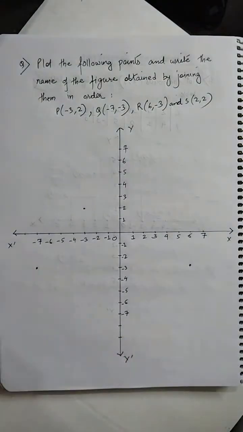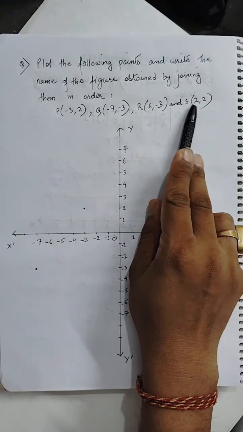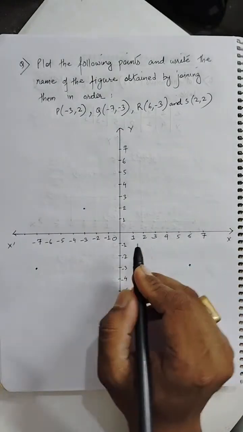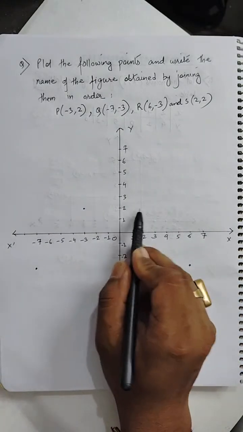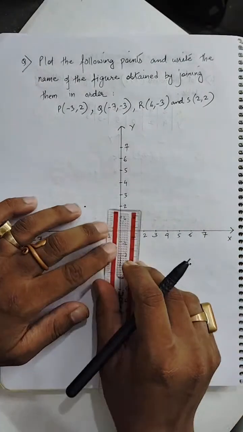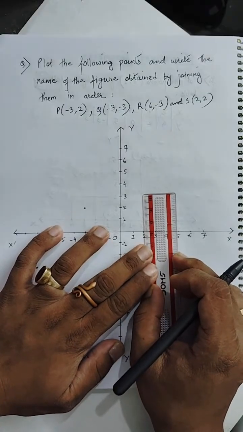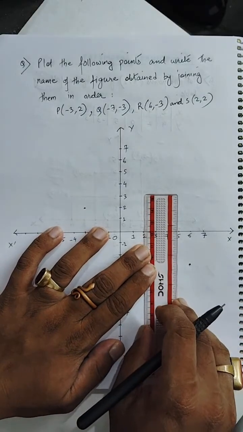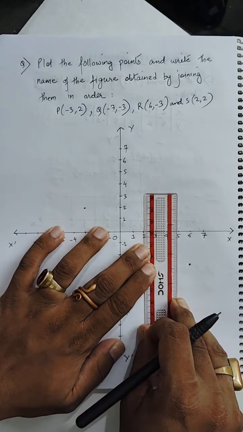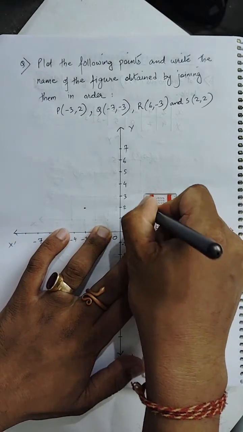Okay, and the last point S, which is 2 and 2, both are positive. So this will lie on the first quadrant. So this is 2 and this is 2 on the y-axis. So okay, this will lie here.